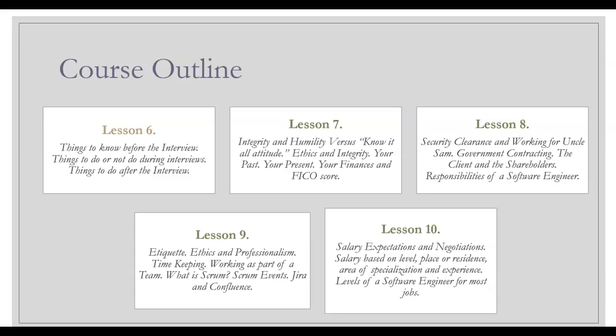In lesson 7, we're going to talk about some basic ethics and things such as integrity and humility versus a know-it-all attitude. Software engineering is a lot about people. Even though you are in front of a computer, you're probably going to be programming. An engineer can do different tasks. You can be a scrum master, you can be an engineer, you can be a technical lead, you can be more on the administrative side, helping your engineers.